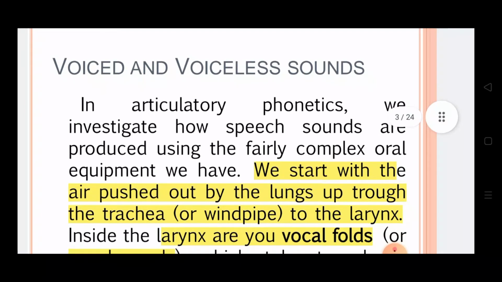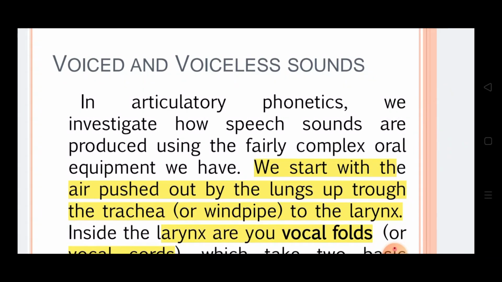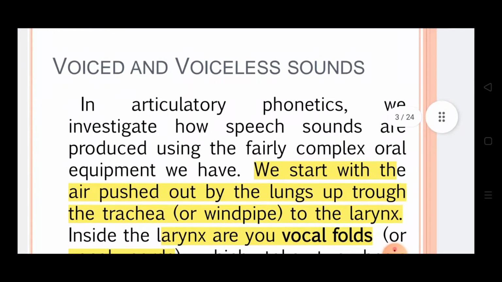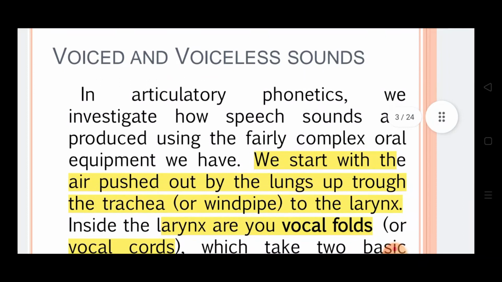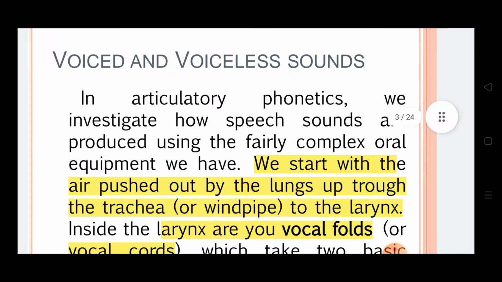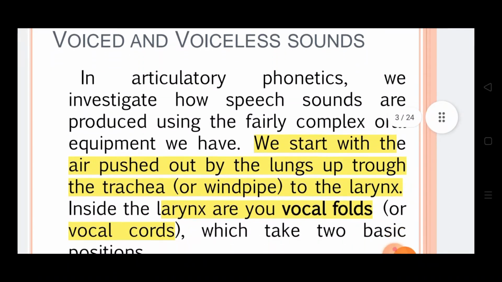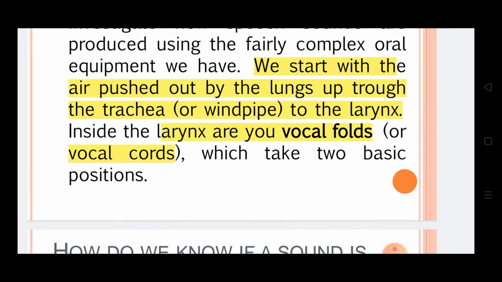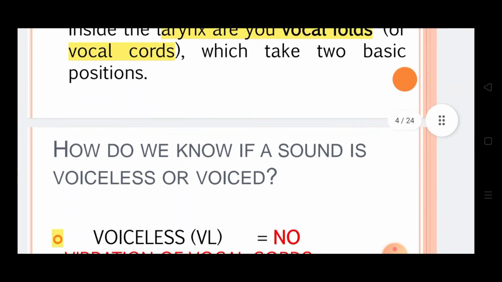And now we'll see voicing and unvoicing. So we'll start with the voiced sound. When producing a specific sound, we'll see whether the friction is produced or not. We start with the air pushed out of the lungs through the trachea, which is known as the windpipe, to the larynx, which contains the vocal folds, also known as the vocal cords, which are very essential in production of speech sounds.